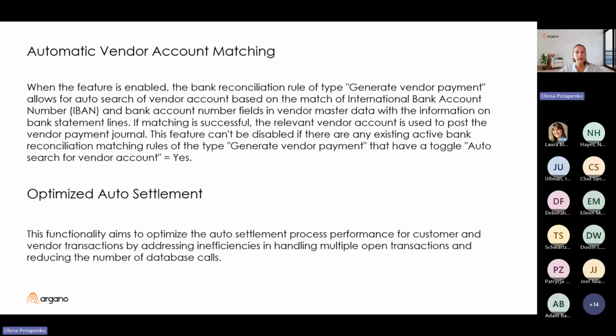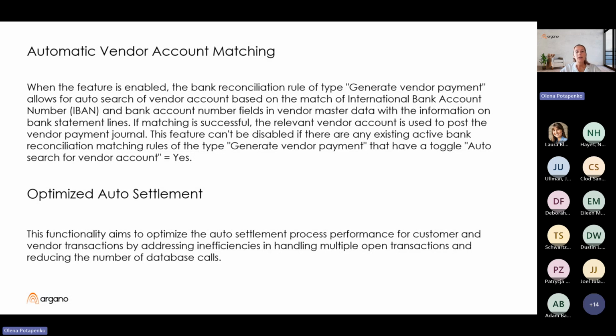If you use advanced bank reconciliation, you should be aware of matching rules. So this one feature, automatic vendor account matching, is related to the matching rule for generating vendor payment journals.